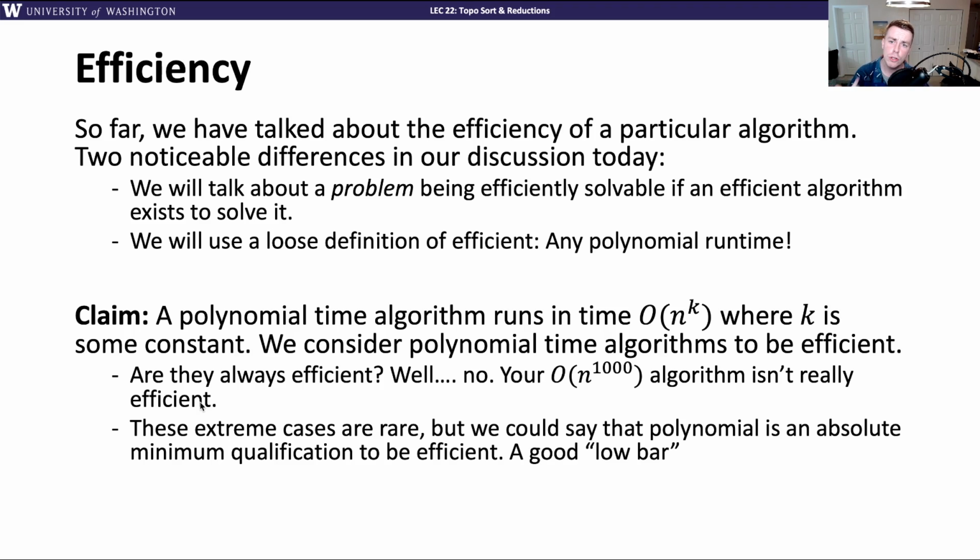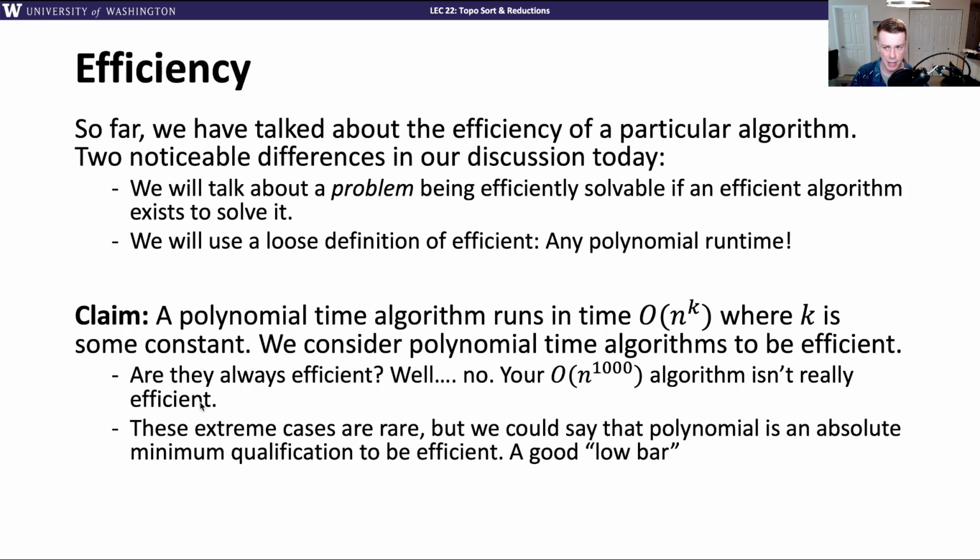So those generally scale much, much better than something that might be, say, exponential time. And so in some sense, saying that polynomial is efficient is a very, very low bar. It's at least saying, well, at least you're not exponential, right? That's kind of what we're getting at, is exponential growth is really, really bad for runtimes. So getting a polynomial time algorithm, even if it's a really bad degree, is still way, way better than one of those exponential things.